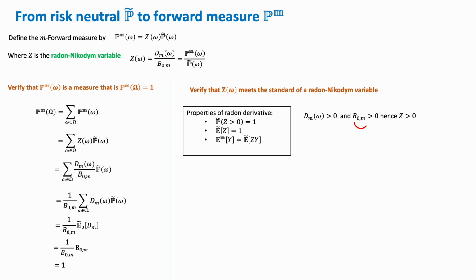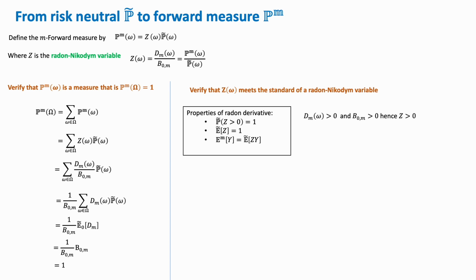We're getting a cash flow at time M. So the price today is going to be positive. It's not going to be negative, right? So then this Z is just the ratio of two positive numbers. So naturally this Z is going to be positive. And since this is always going to be positive, the probability that Z is positive is 1. So that's fairly simple.